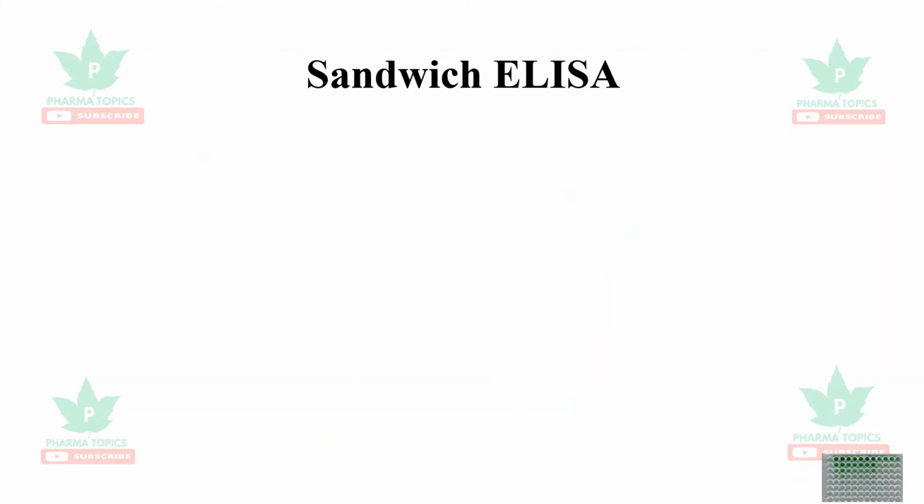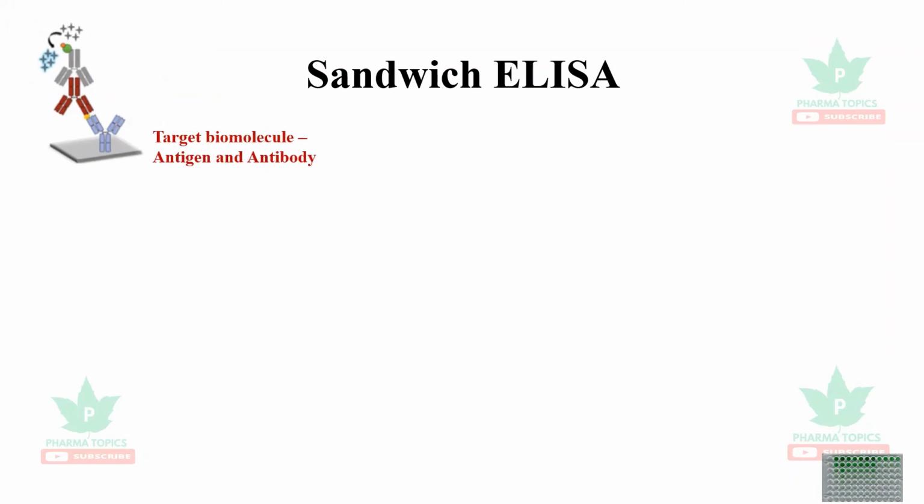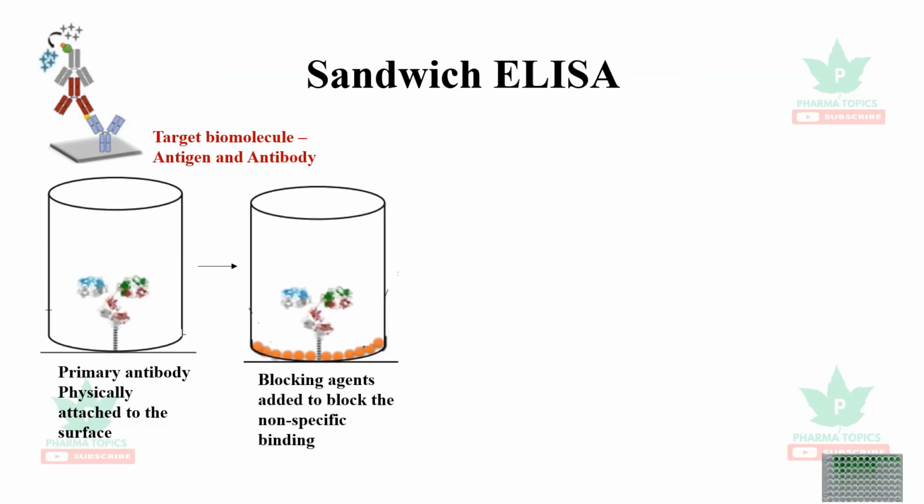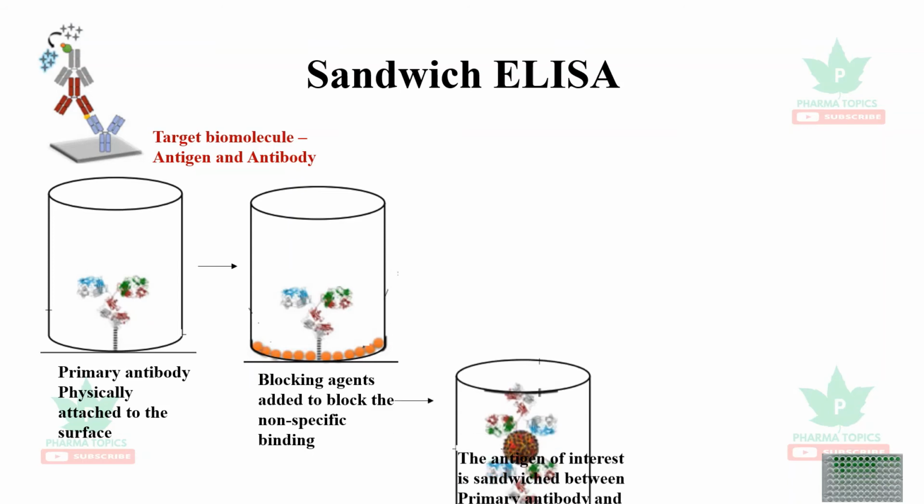The next type of ELISA is sandwich ELISA. Here both the antigens or the antibodies could be detected. Here the primary antibody is first physically attached to the surface. Then blocking agents are added to block the non-specific binding sites.